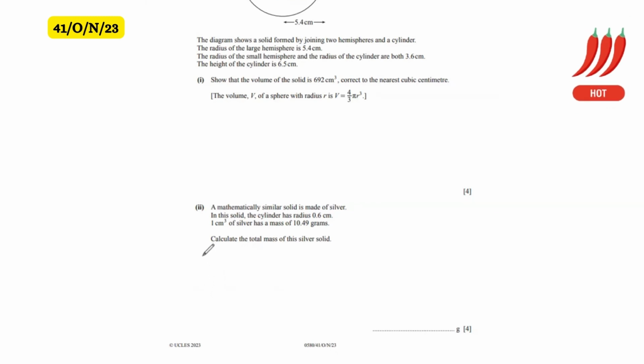Since they're mathematically similar, if you look at the cylinders, 0.6 is the radius of the new cylinder and 3.6 is the radius of the old cylinder. So if we cube it, that is going to equal the volume that we're trying to find divided by the volume of the old one, which was 692. So 0.6 divided by 3.6, and we cube that, and we times that by 692.